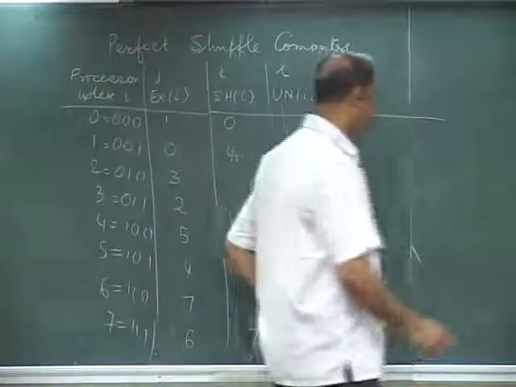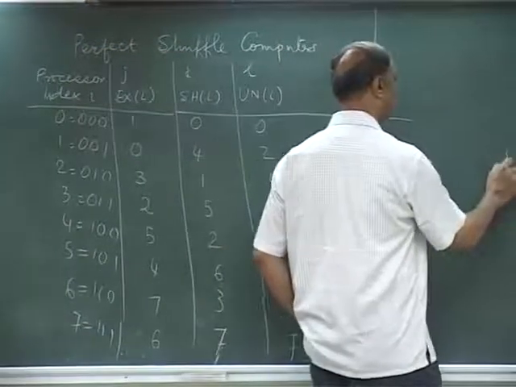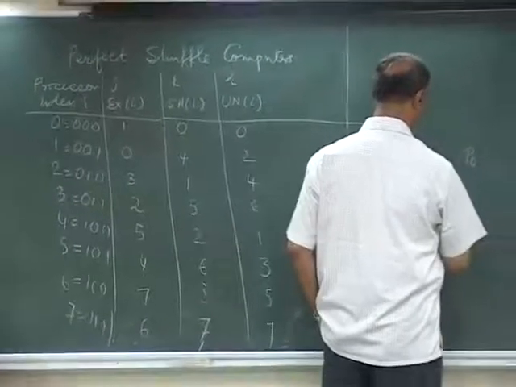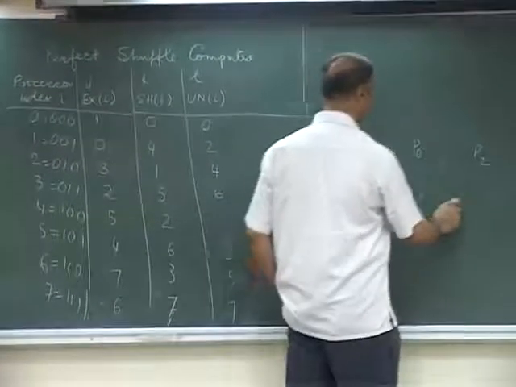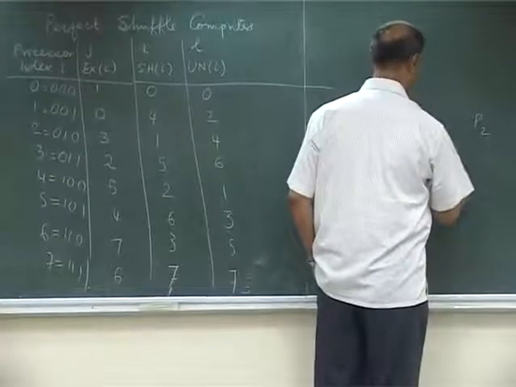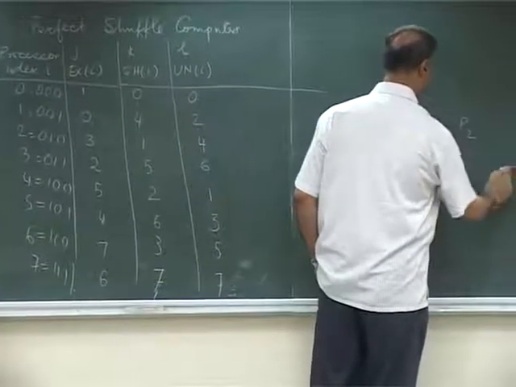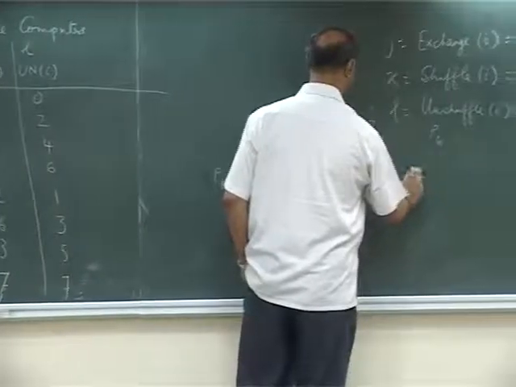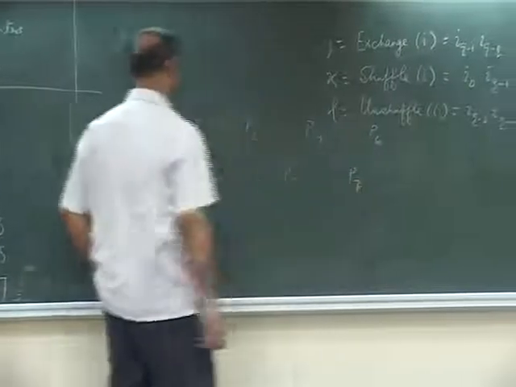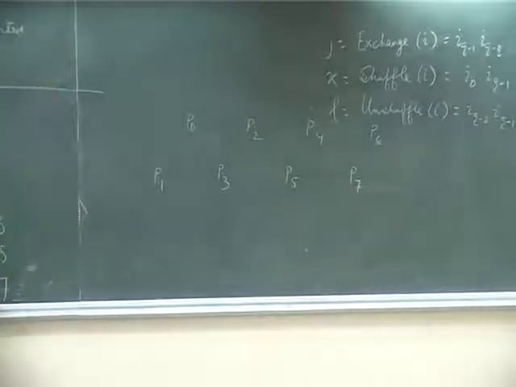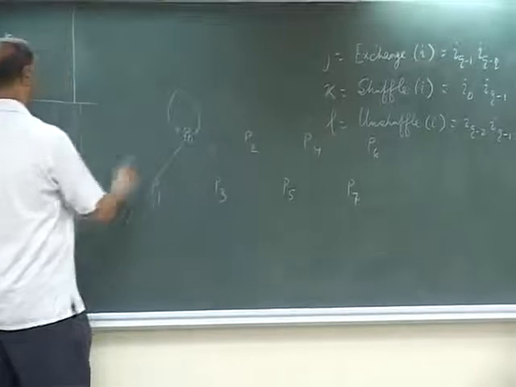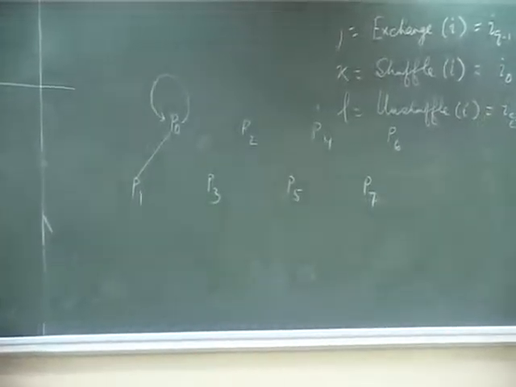Now if I have to draw it, then let us draw P0, P1, P2, P3, P4, P5, P6, P7. Now P0 is connected with P1 and P4.